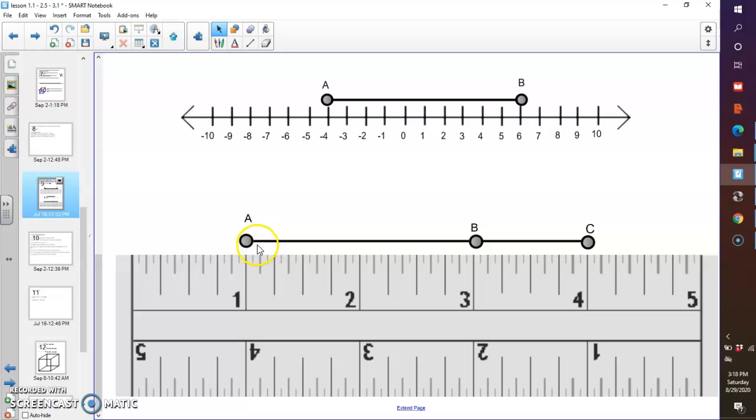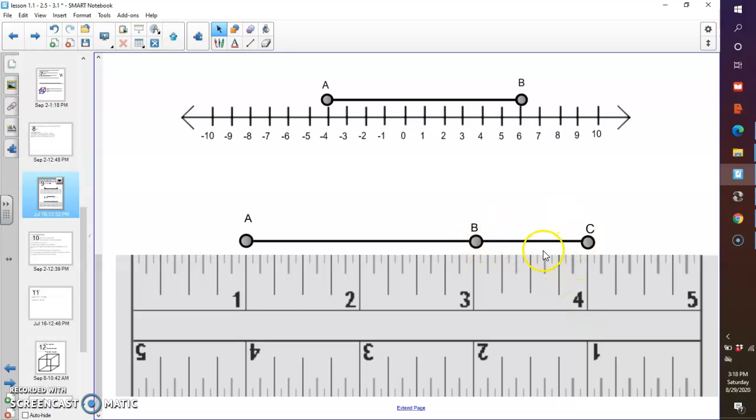And then this one we're going to talk about a little bit later on. It's an interesting postulate that we're going to use to prove things. And essentially what this postulate is saying is that A is 1, B is 3, and C is 4. And essentially we could say that AC would have a distance of 3, 4 minus 1.